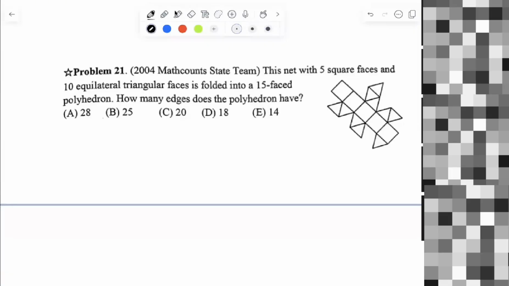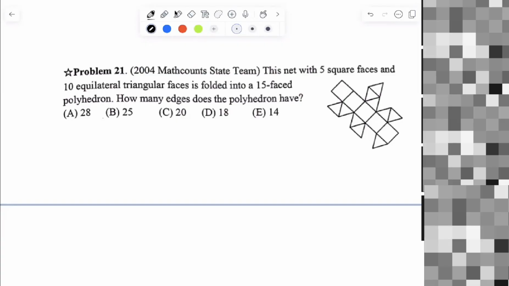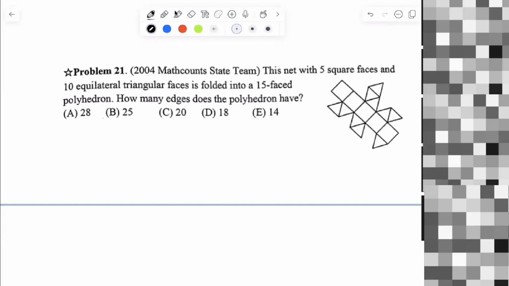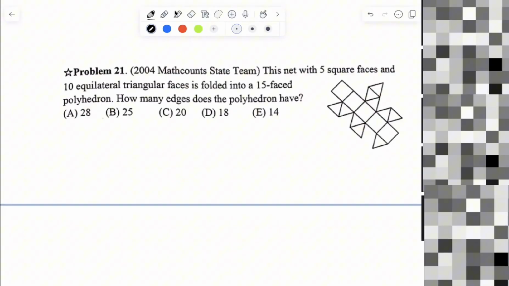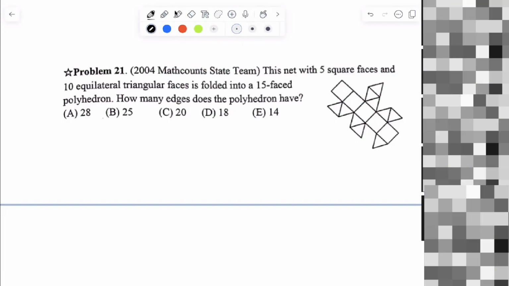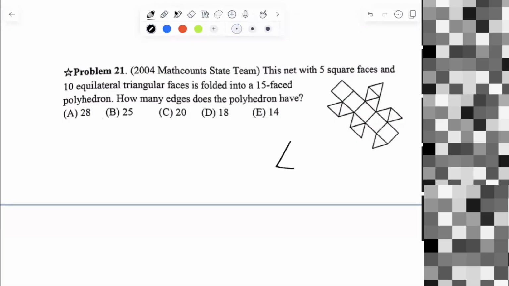All right, let's get started with this question. So basically, how do we approach this? Well, how do we find how many edges there are? Let's first find how many vertices, that's the most important part. Or let's draw it first. So what happens when we draw it?